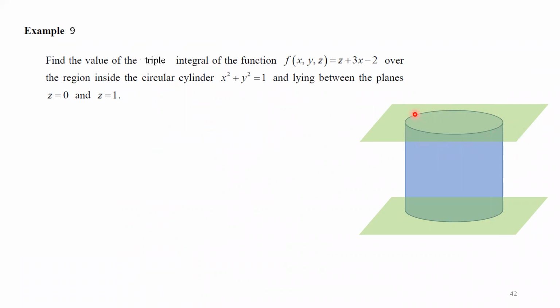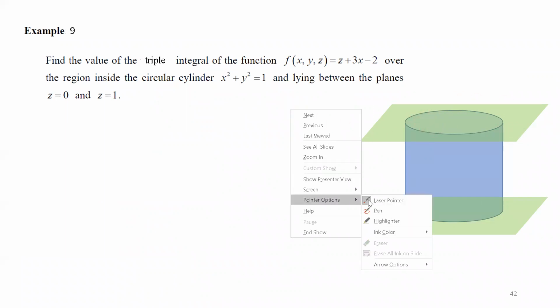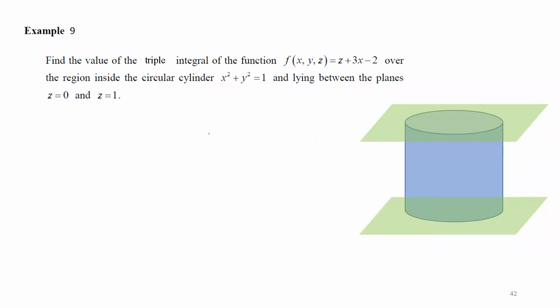You could imagine that it would be much more convenient to use cylindrical coordinates, right? So what we need to do, right? I'm not going to finish the entire calculation process, but the important part again is how to set up the integration limits properly, right?